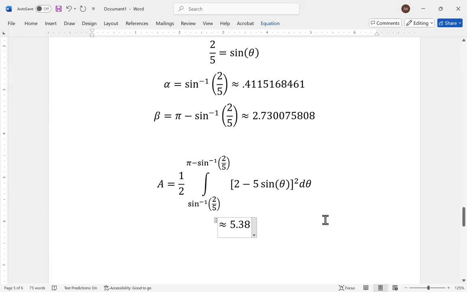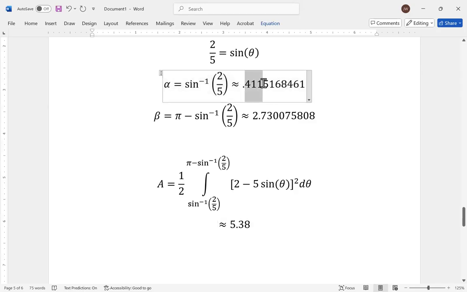By the way, again, you'd get that same thing if you went out enough decimal places. If you went from 0.4115 up to like 2.730, you'd get the same thing. Again, rounded maybe slightly different, but to 2 decimal places, we're all right.